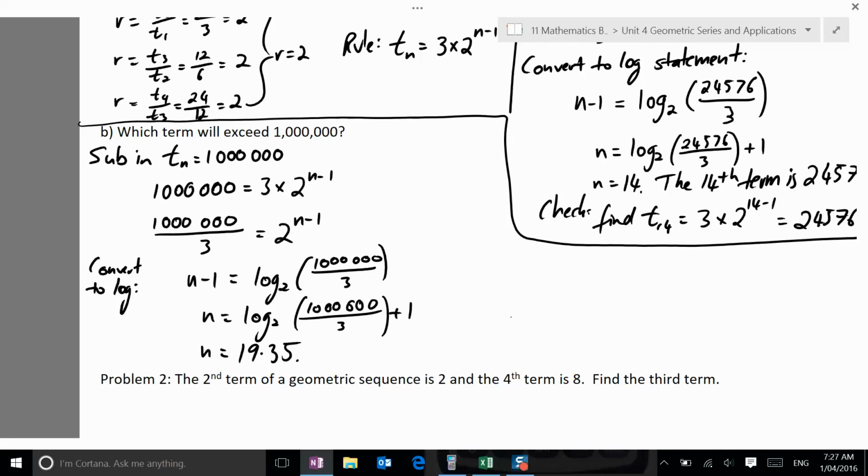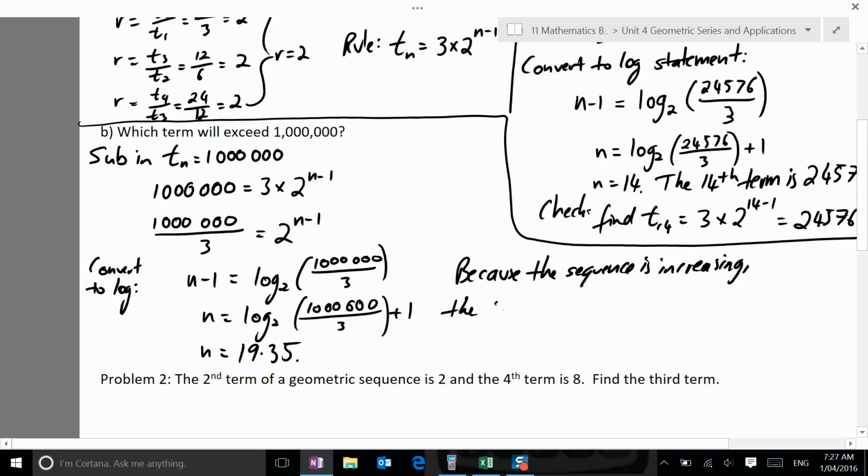Because the sequence is increasing, the 20th term will exceed 1 million.